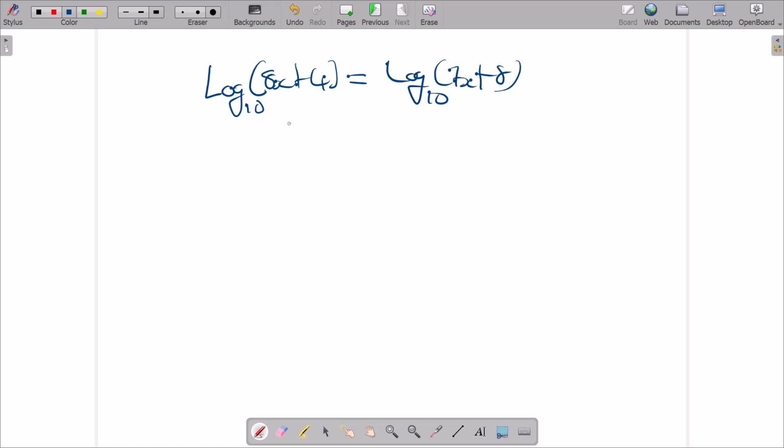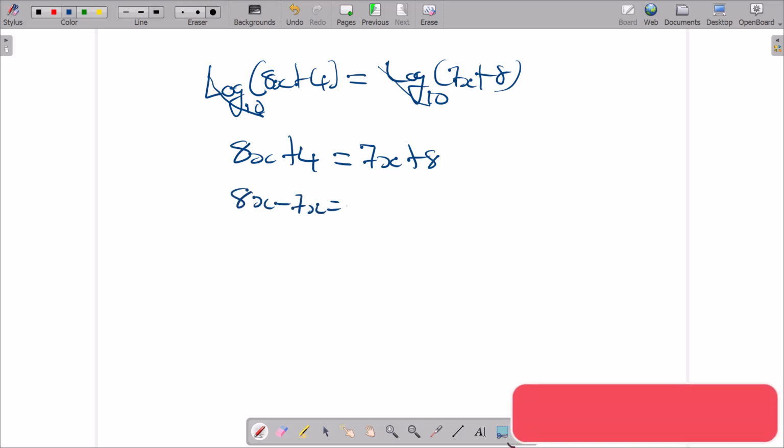As you can see, it is a direct question where you can divide both sides by the logs. Log 10 you can divide and remain with 8x plus 4 is equal to 7x plus 8. Then you collect your like terms: x is equal to 8 minus 4. So x is equal to 4 on this question.